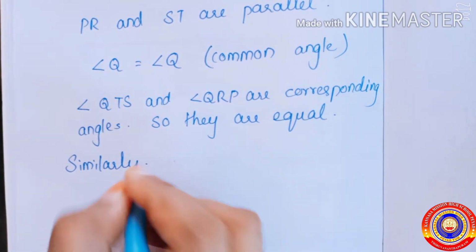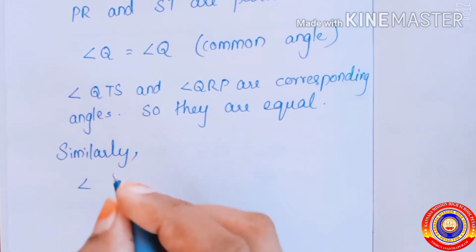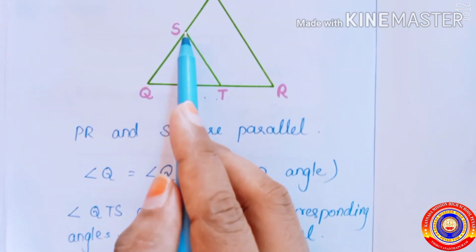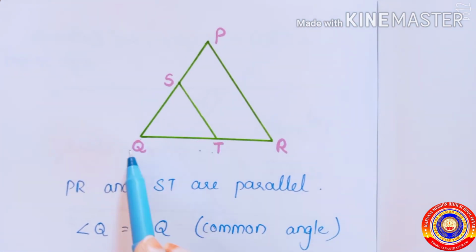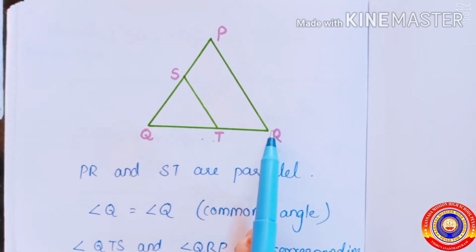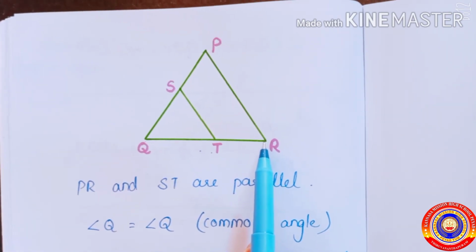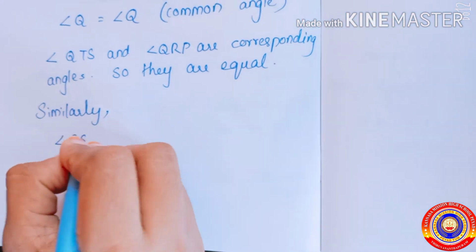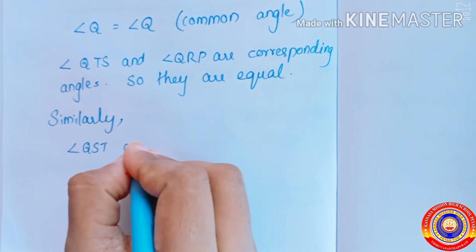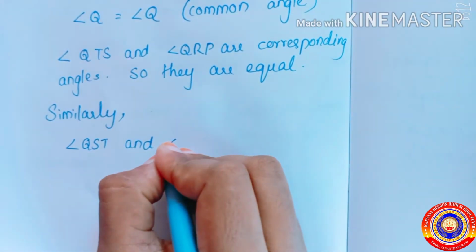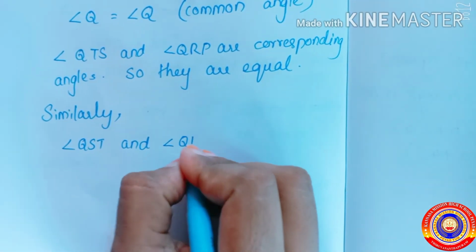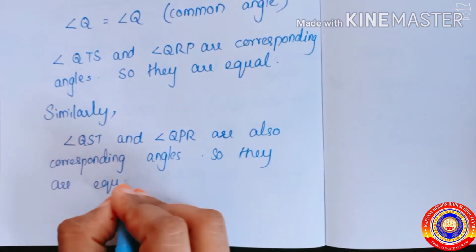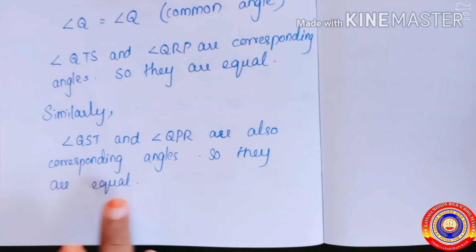Similarly, there is another pair of corresponding angles in this figure, that is angle QST and angle QPR. Angle QST and angle QPR are also corresponding angles, so they are equal.